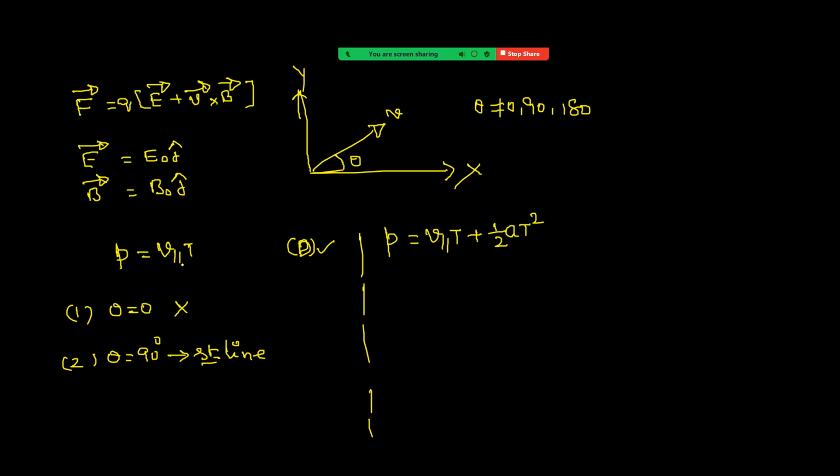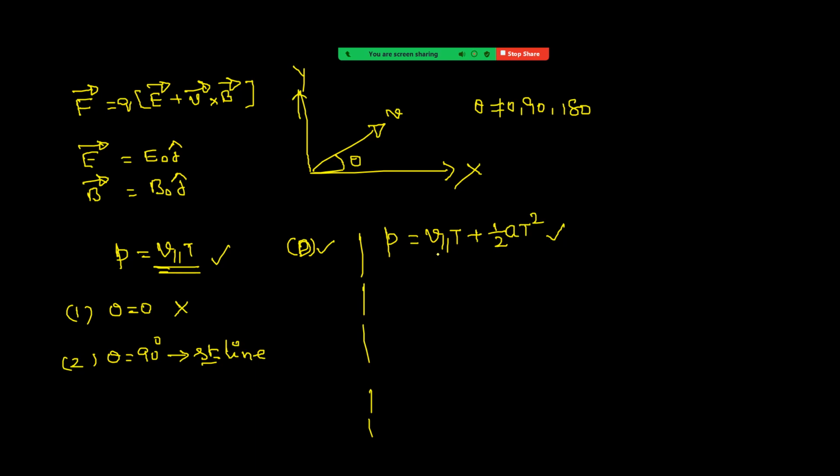That's why there we have taken only V parallel into T. But coming to here, along the magnetic field vector, we have the electric field vector. Because of this, we have now taken half A T square. This is now the pitch. That means with time, the pitch is now increasing.